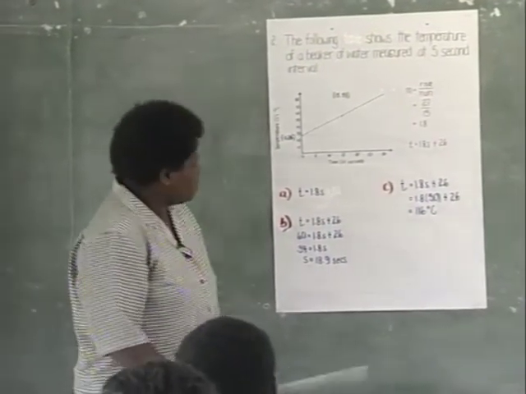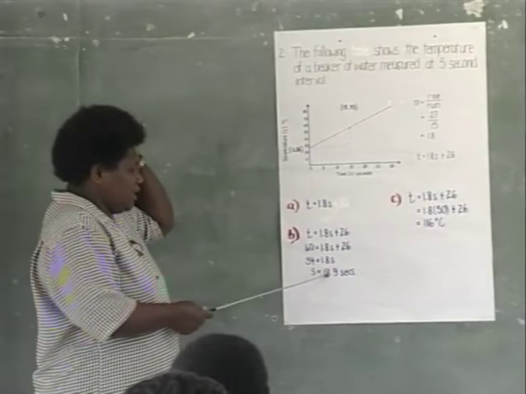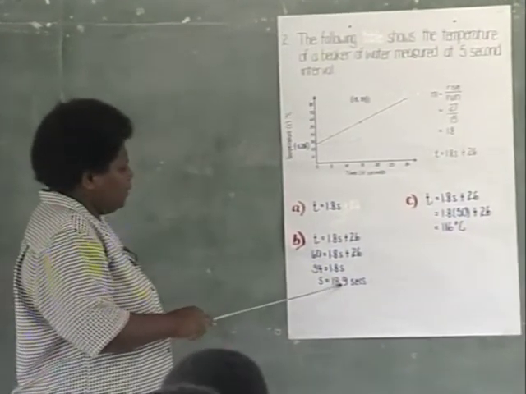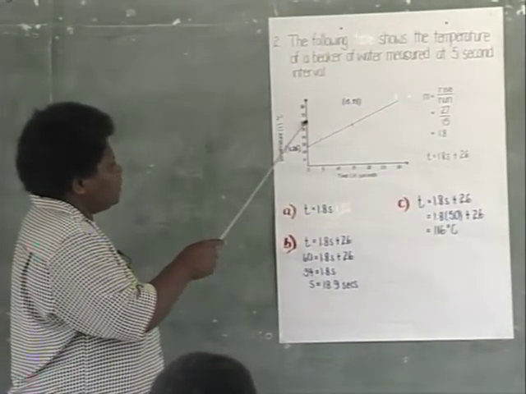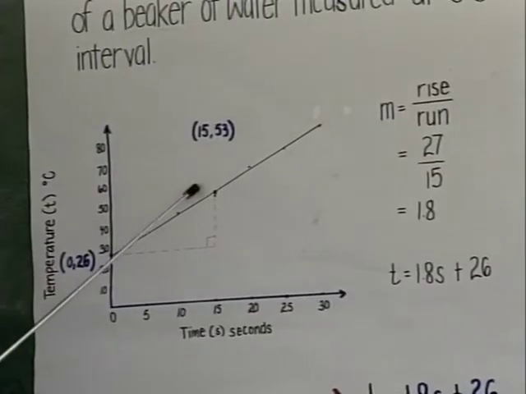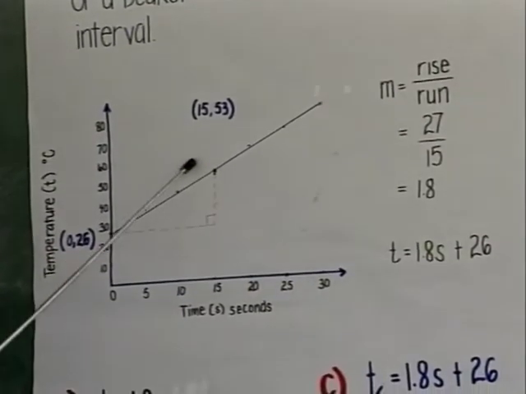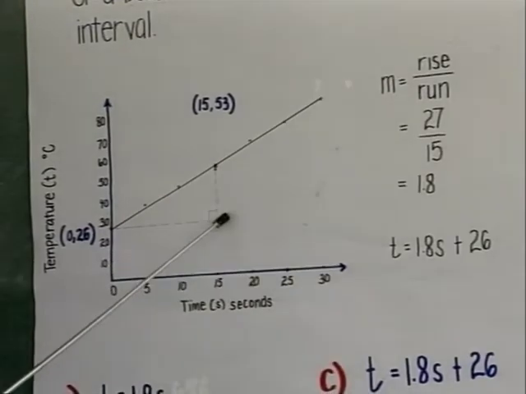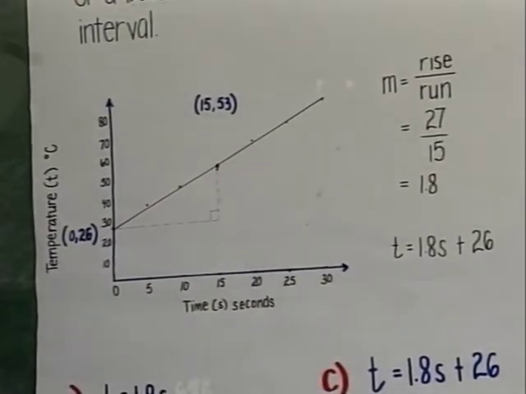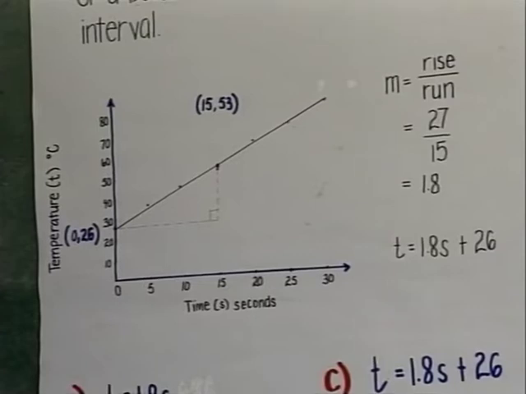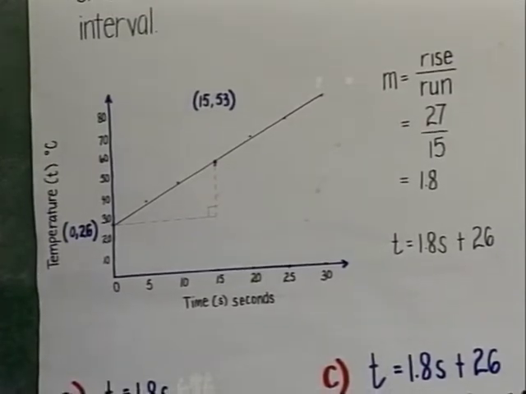Okay, just using the graph to check the answers out. They say 18.9 seconds here. 60 degrees Celsius is here. And you can actually draw a line from 60 down. It's quite close to 19 seconds, which is the nearest whole number.